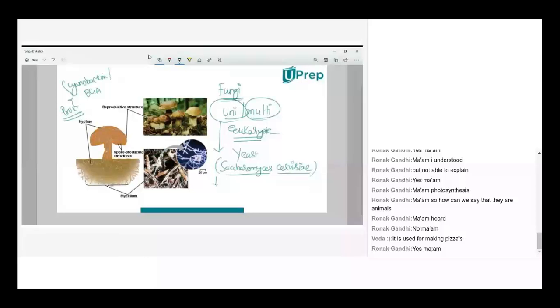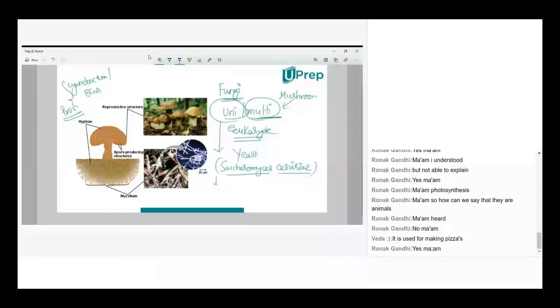When you take the multicellular fungi, you may take different examples like mushroom. Mushroom is the best example of a multicellular fungus. Remember which are multicellular algae, which are unicellular algae, which are the examples of unicellular fungi, and what are the multicellular fungi examples. All these I'll give at the end of the session in the format of blanks.